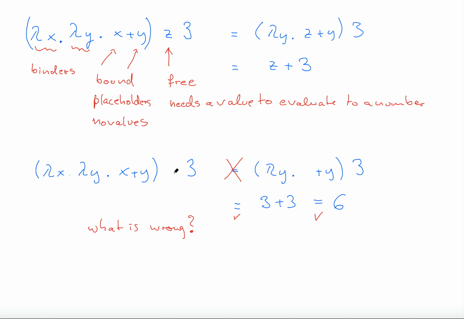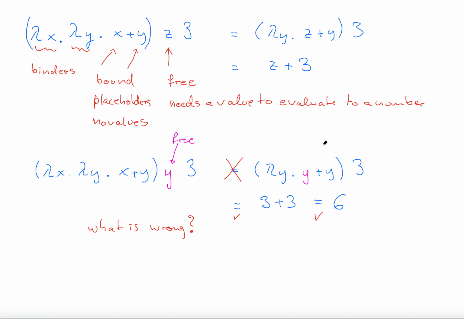Now we see that we have 2 different y's. We have a blue y and a magenta y, right? And we substitute the magenta y for the x. So the magenta y goes here, and the magenta y was the free variable.